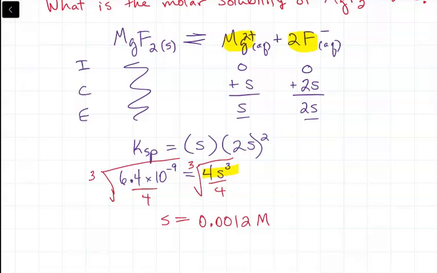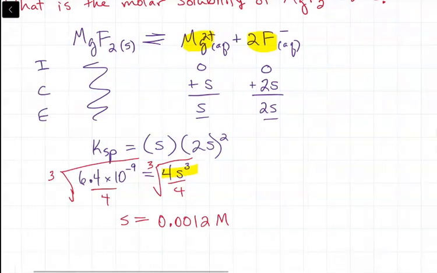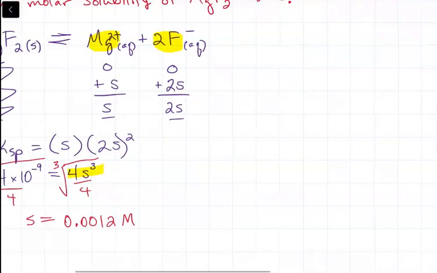So it should give me the same format, 4S cubed equals Ksp, and then we just solve for S every time.